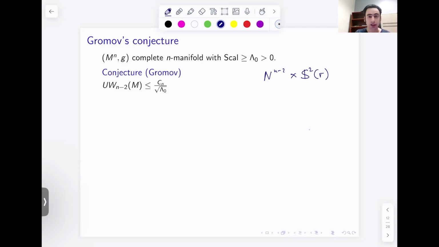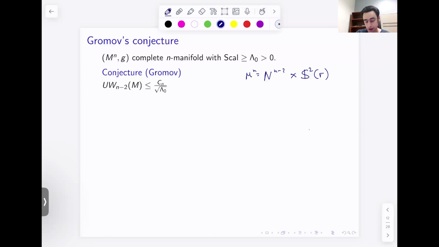And no matter what the space was, maybe it was a hyperbolic space with some very negative curvature, if this R is sufficiently small, then this new space M^n will have positive scalar curvature.